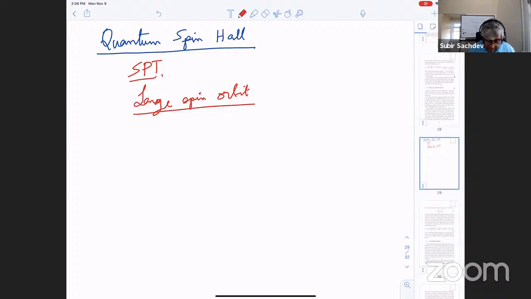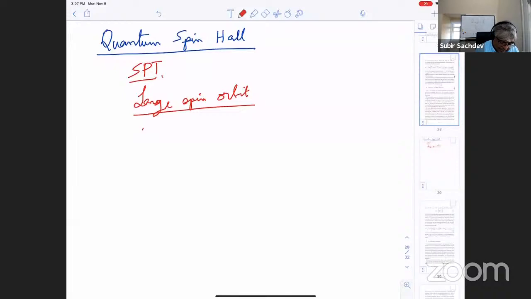Okay, but nevertheless, let's imagine a very simple model where the spin up and spin down electrons are separately conserved.